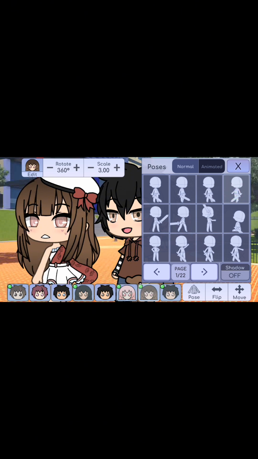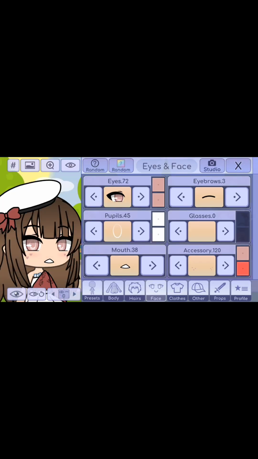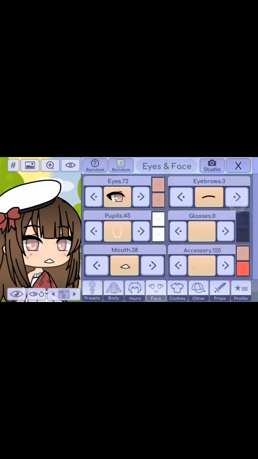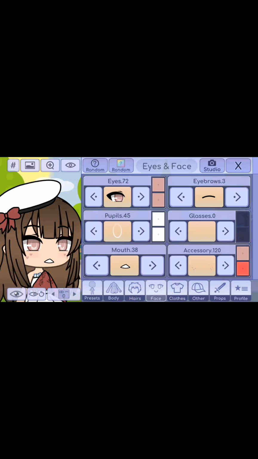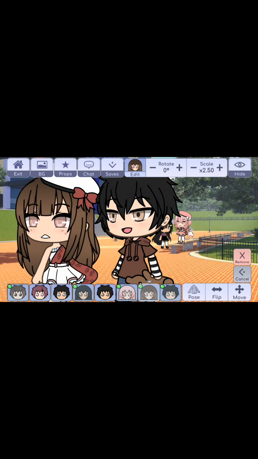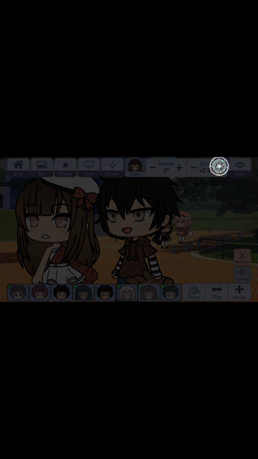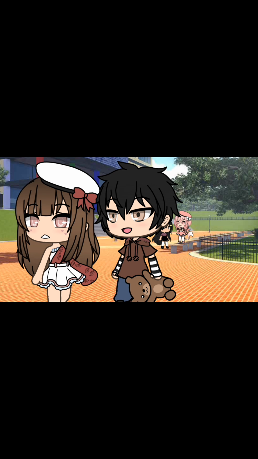Yeah, and then when they're talking, you also kind of have to change. For example, here, instead of straight turning around, it's somewhat turning around, changing the expression, and then turning around. Again, remember with expressions, instead of straight up changing, change them bit by bit if you know there's gonna be spaces between, like right there.